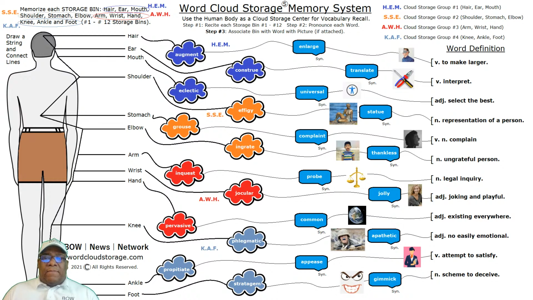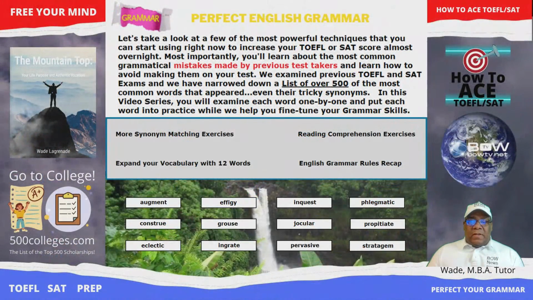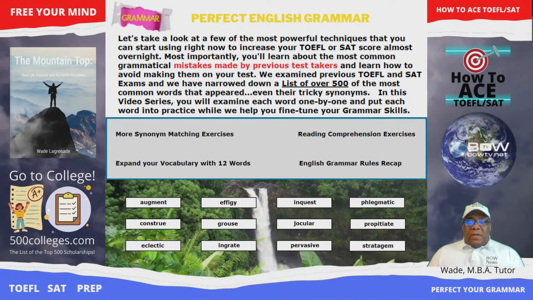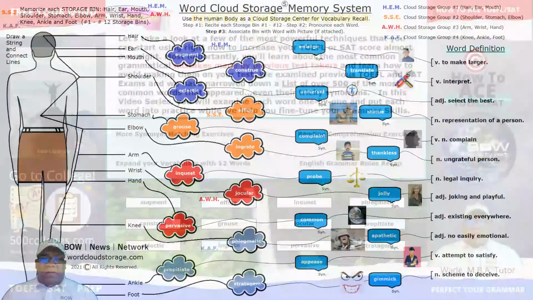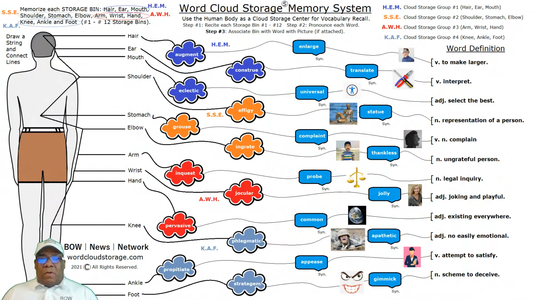So we have 3 new picture to word associations, and we have 3 new words now taking the place in the blue group. If we take a look here, we're going to a different group, and that's going to be effigy, grouse, and ingrate. That's the orange SSE group. Effigy, statue.